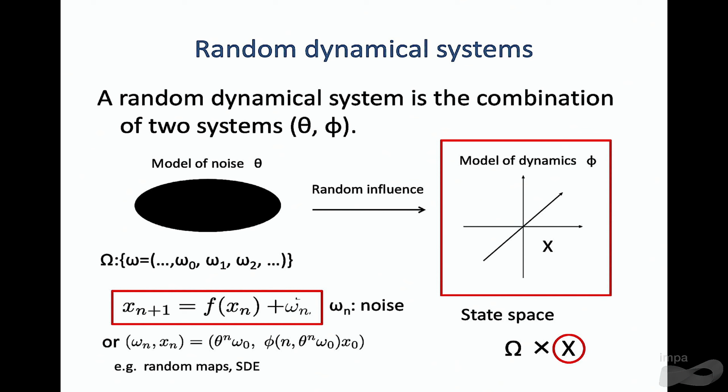State space is given by omega times x, but we are interested in behavior in x. We are not interested in the model of noise. It's given, or we assume we know the model or input sequence omega. Right, so this is a typical model, one-dimensional additive noise random dynamics.